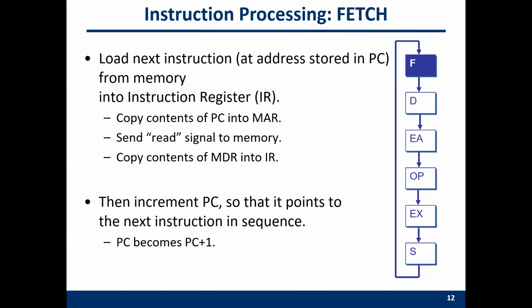And then the control unit increases the PC, not necessarily by one, because sometimes you have an if-else control branch. But in most cases, you increase this value by one. This is what the CPU will do in the fetch state.